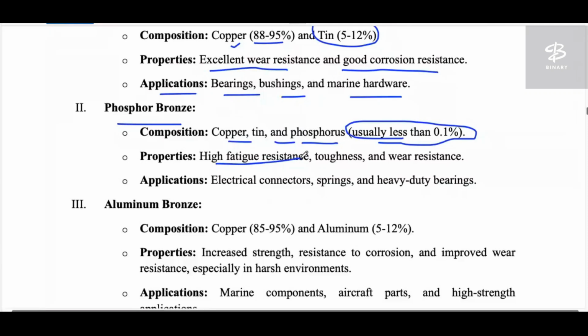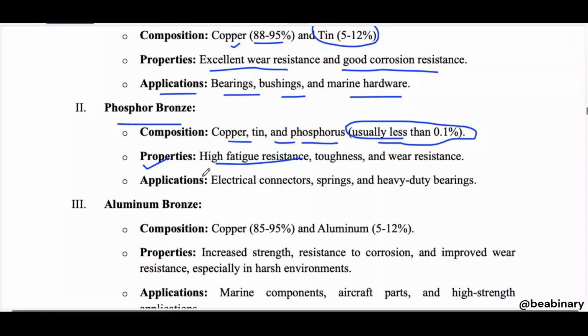This is the most important property we get here, because most of the machine components that we design experience fluctuating load, and that fluctuating load results in fatigue failure. To resist fatigue failure, we must have a material that can resist it.